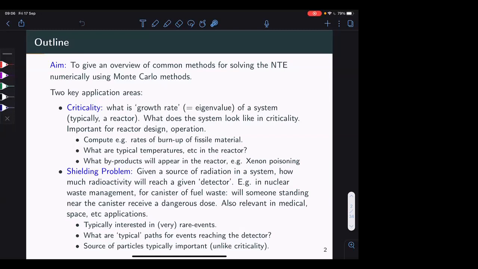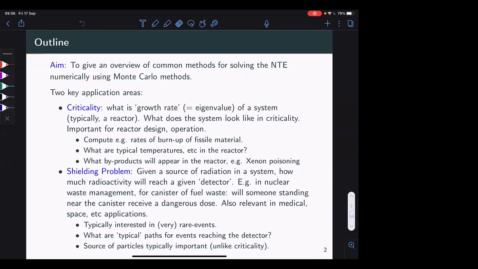We may want to know about secondary products, and what sort of things are going to build up in the reactor. We may want to know for operational reasons what typical reaction temperatures might be. If we're designing a new reactor, we don't want it to get too hot. We want to predict how much power it's going to produce, which corresponds to how much heat it's producing. So what are typical temperatures, and what sort of byproducts appear?